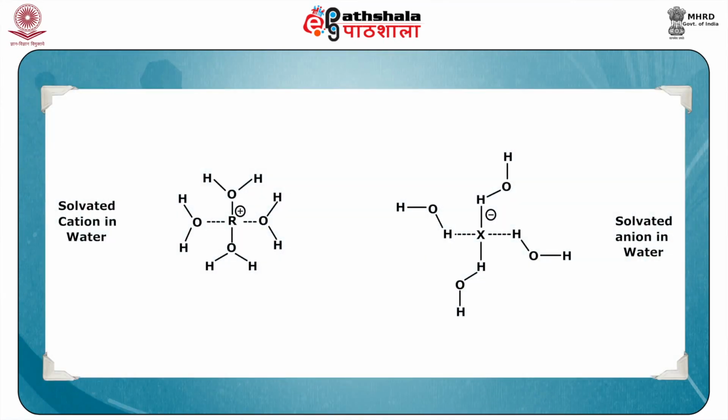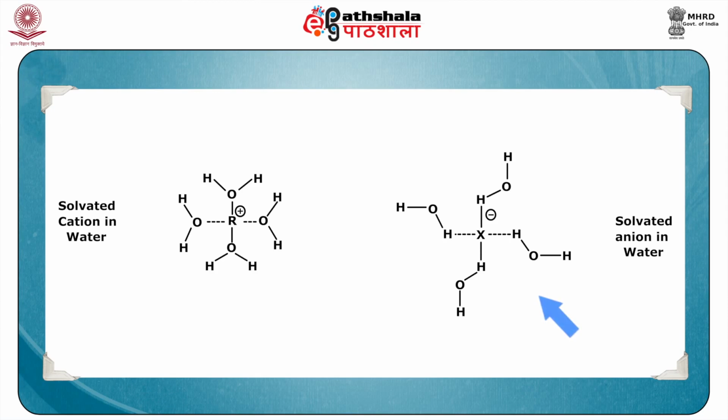For example, when the oxygen of water donates its electron density to a cation, that cation becomes solvated and stabilized. Water can also solvate an anion. The anion donates electron density to the partially positive hydrogens of the OH bond, as you can see here.